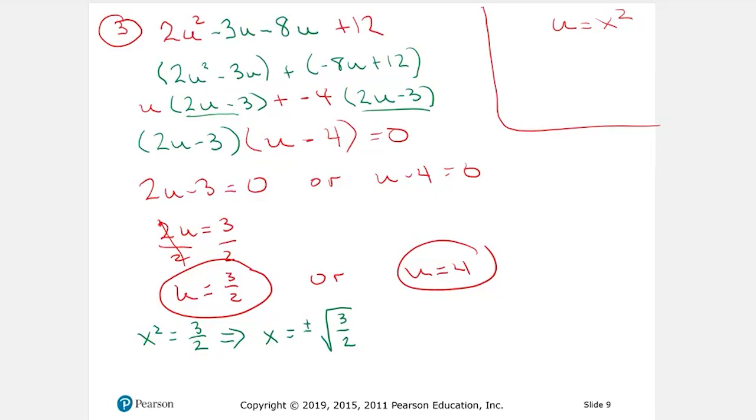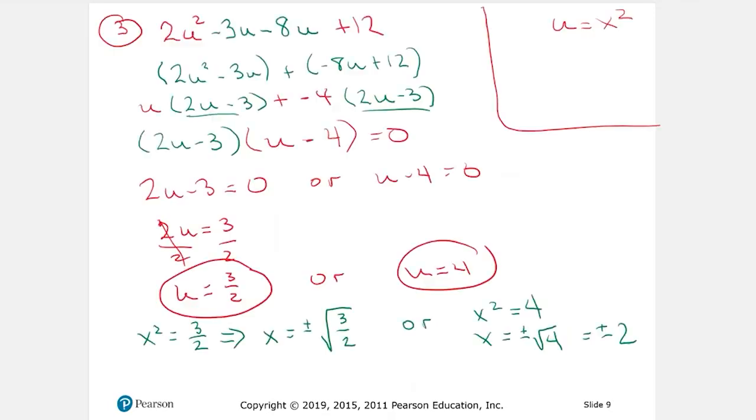Okay? Or, again, I substitute u equals x squared. I get x squared equals 4, which means that x equals plus or minus the square root of 4, which is equal to plus or minus 2, right?